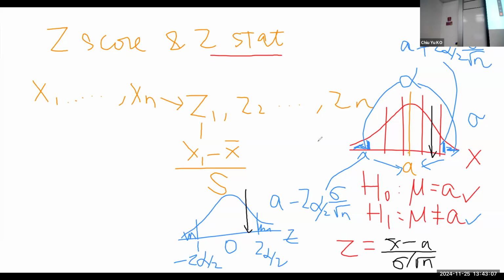When the test statistic is in this extreme region, it is the same as X being in that extreme region, because Z and X are the same thing, just normalized. Is that clear? Any questions? If not, we go to the other one. I hope there's no concern for that.